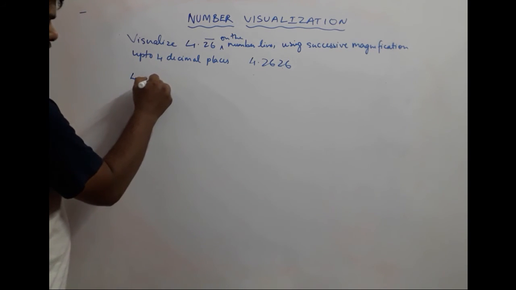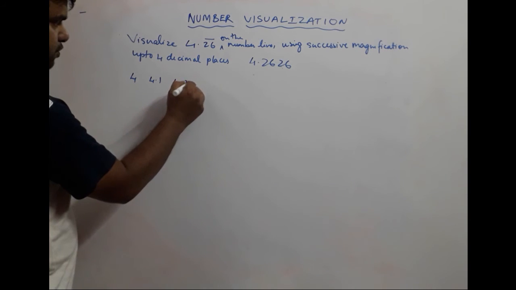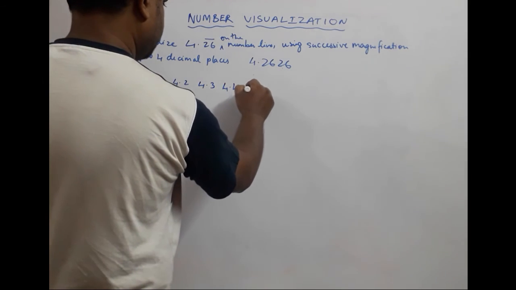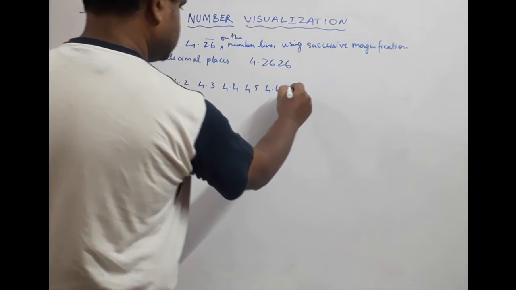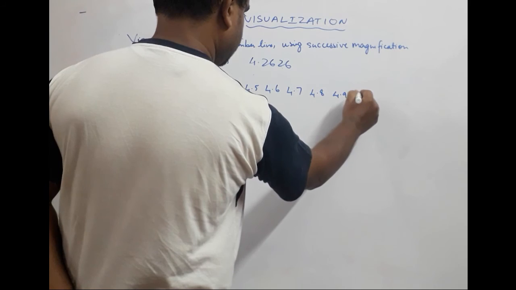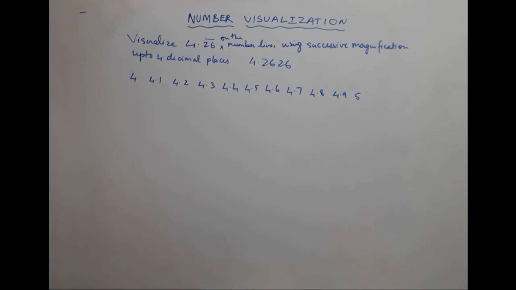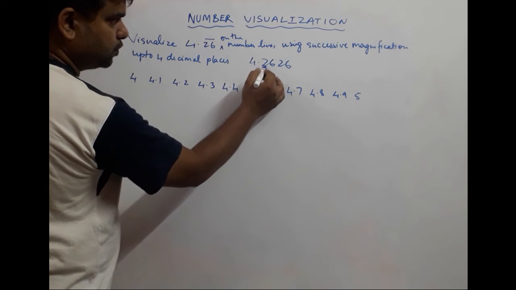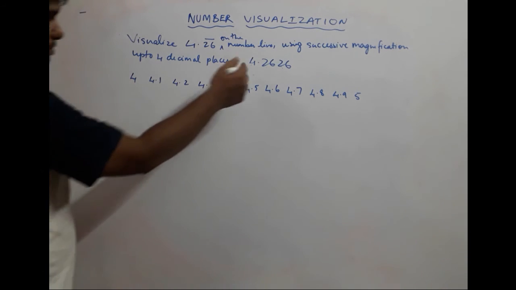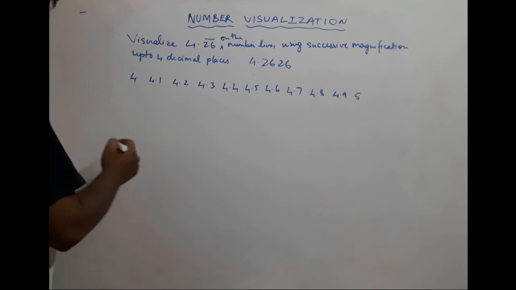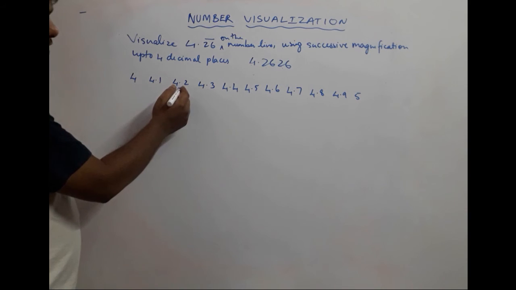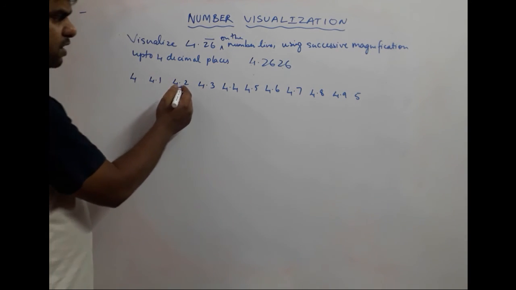So 4, then 4.1, 4.2, 4.3, 4.4, 4.5, 4.6, 4.7, 4.8, 4.9, 5. Now look at the first digit after the decimal point, that is 4.2. Where will 4.2 lie? Over here.